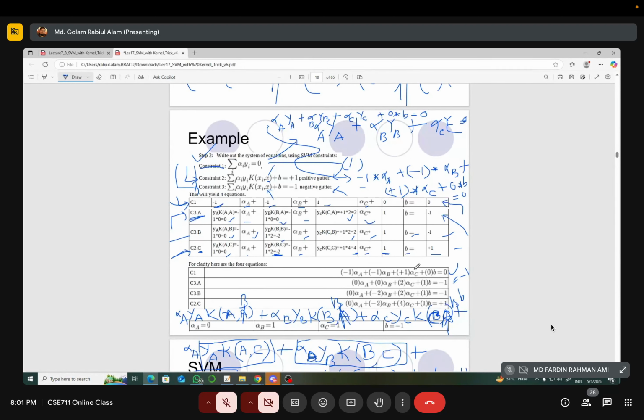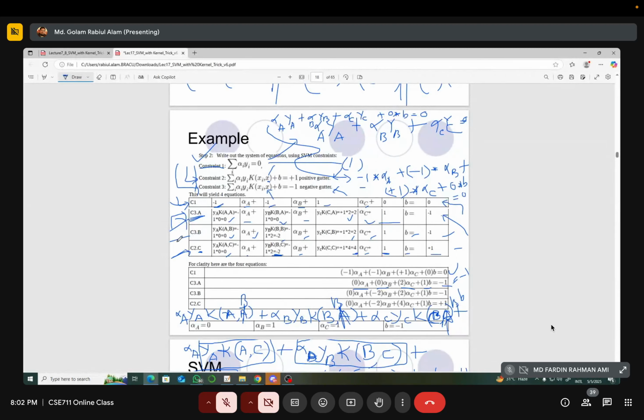So this is one of the equations. From this one, C3A, we will get 0 alpha A, 0 alpha B, and 2 alpha C, and then 1b equal negative 1.